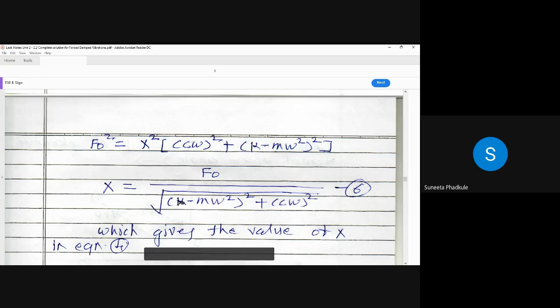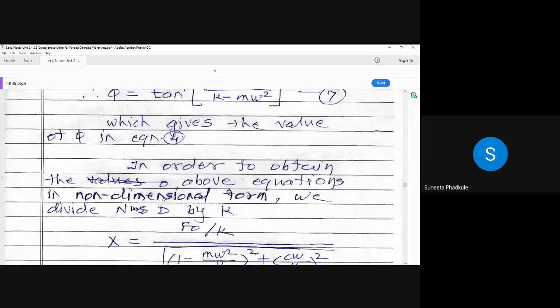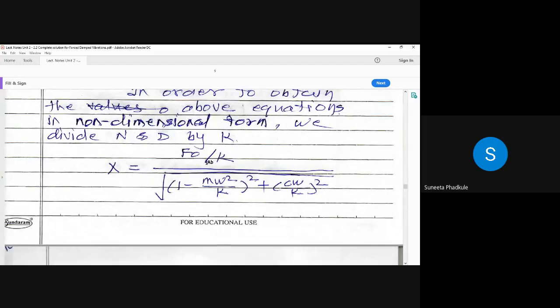So k upon k bracket square. So when you take this k inside the square, I get k upon k cancelled. So (1 - mω²/k) full bracket square plus (cω/k) bracket square.